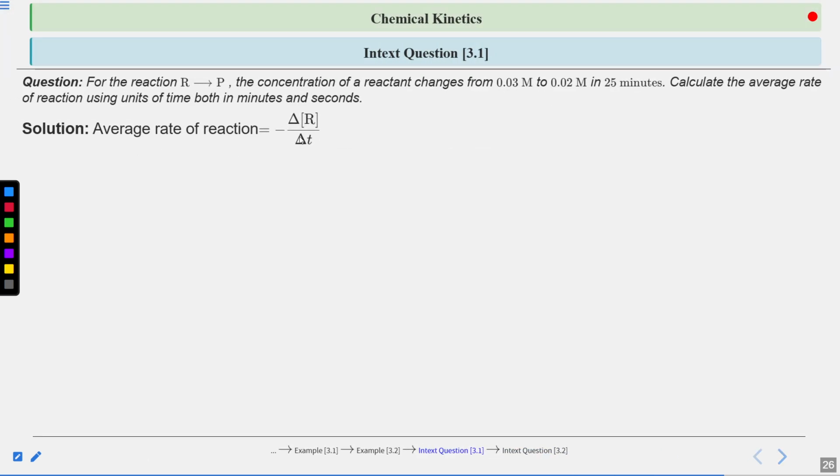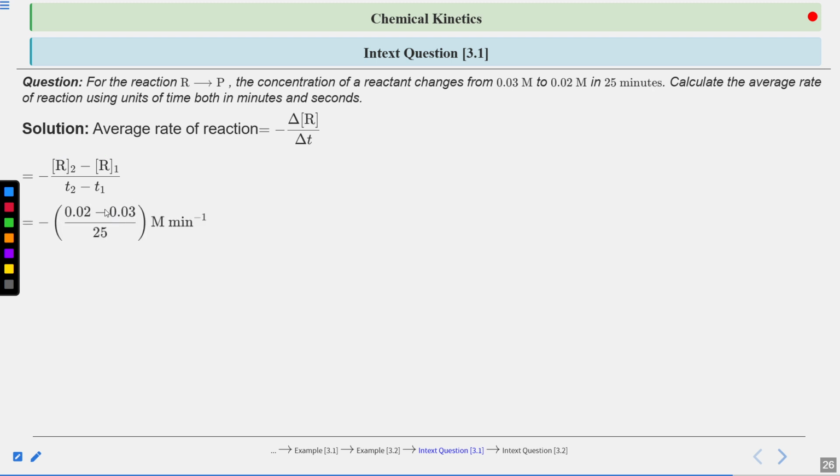Average rate of reaction is defined in terms of reactant as minus of change in concentration of reactants divided by the change in time. You can simplify it and write it as minus of R2 minus R1, that is at T2 time what is the concentration of the reactant, minus at T1 time what is the concentration of reactant, divided by T2 minus T1.